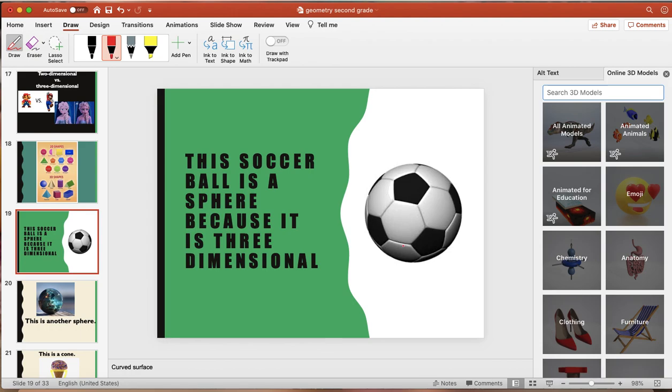It's a ball filled with air. It's not just a flat piece of paper. Because it pops out at us, that's a three-dimensional shape. So this is a sphere. Just like how a circle has a curved side, a sphere has a curved surface.